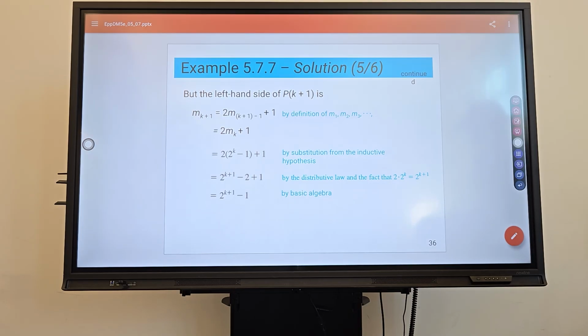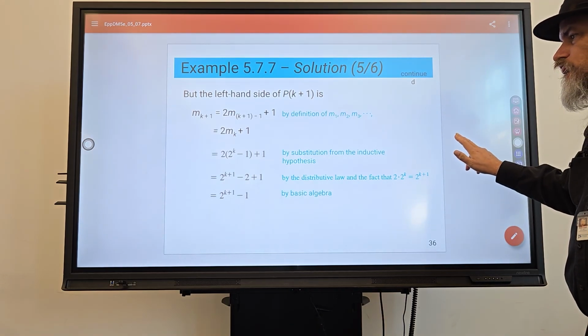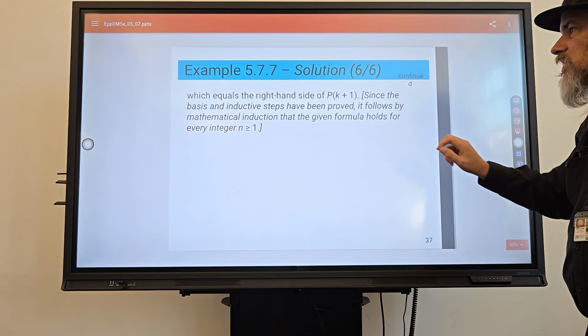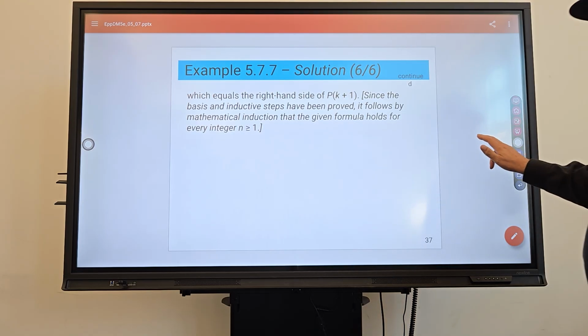By substitution of the inductive hypothesis, you get 2 times 2 to the k minus 1 plus 1, or 2 to the k plus 1 minus 2 plus 1, or 2 to the k plus 1 minus 1 by basic algebra, which equals the right-hand side of P of k plus 1. Since the basis and inductive steps have been proved, it follows by mathematical induction that the given formula holds for every integer n greater than or equal to 1.